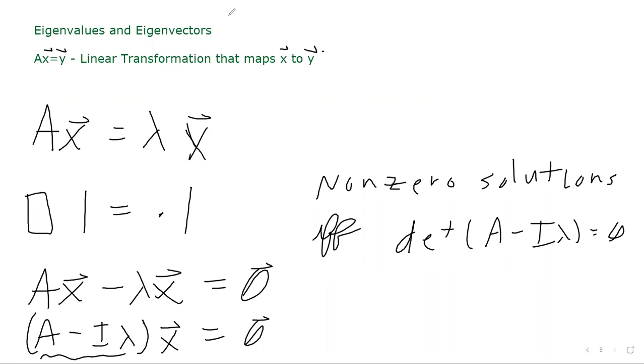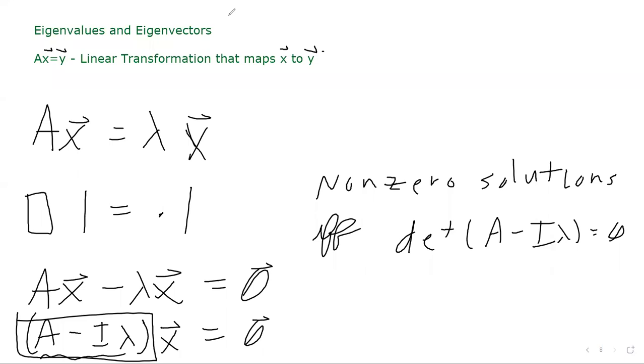So we are looking for this setup because we know that our x's are not all going to be 0. And if this whole A minus λI, or Iλ either way, times x does not equal the zero vector, then we cannot get an inverse of this whole A minus Iλ.